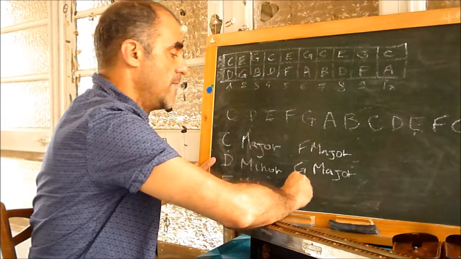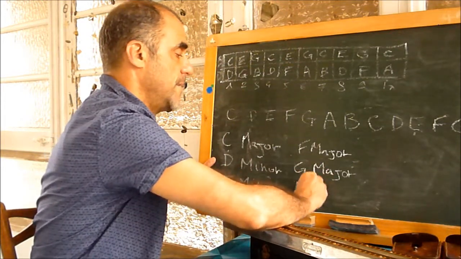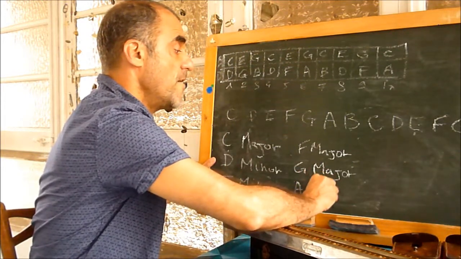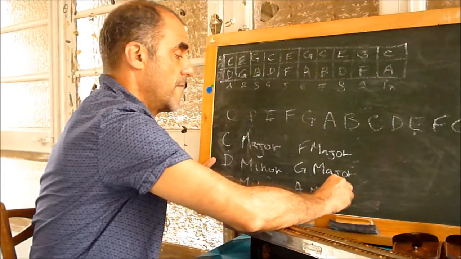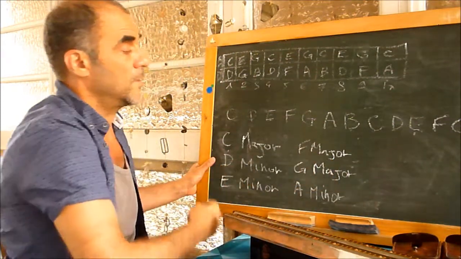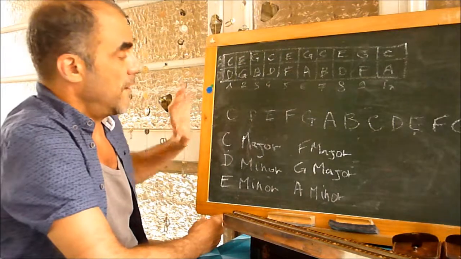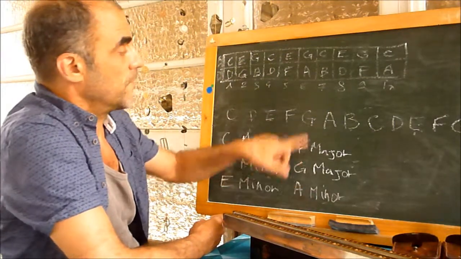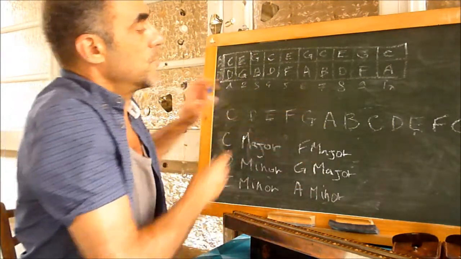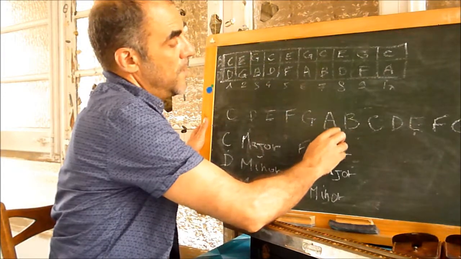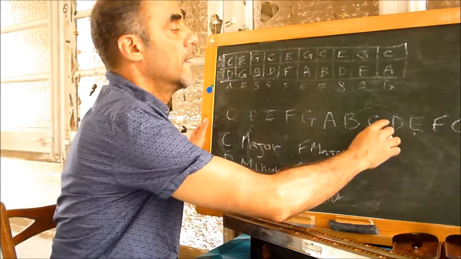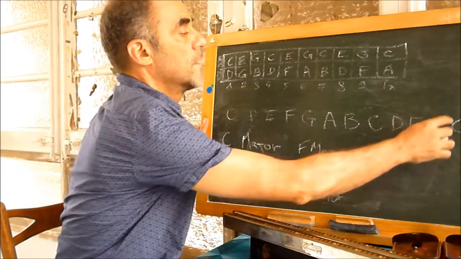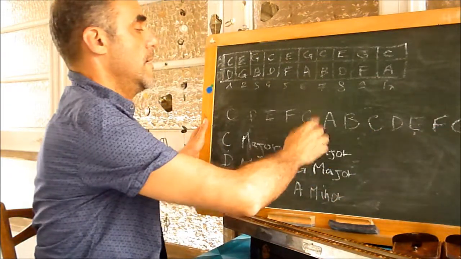And then we keep going on. We have the A. A is minor. It's a very used minor. In fact, in classical music, when they talk about minor, it's this kind of minor, the one with the structure 1, half, 1, 1, half, 1, 1.